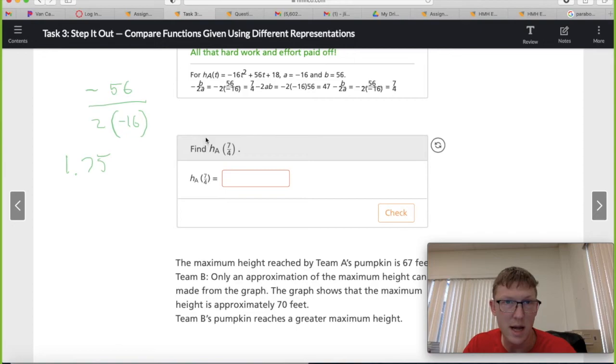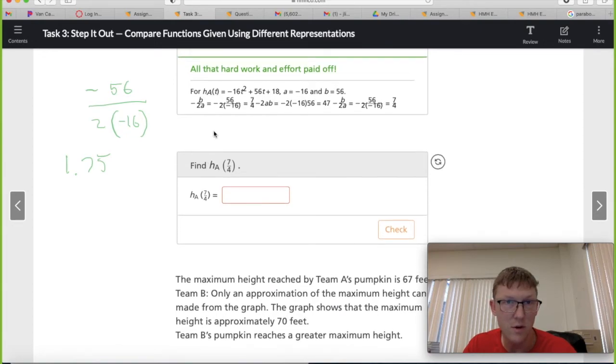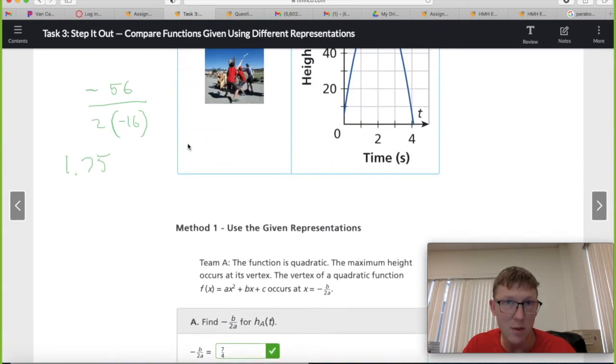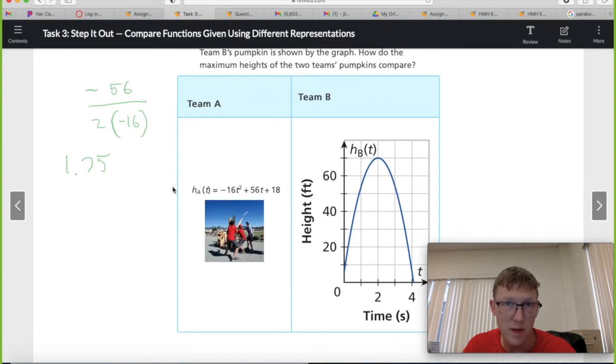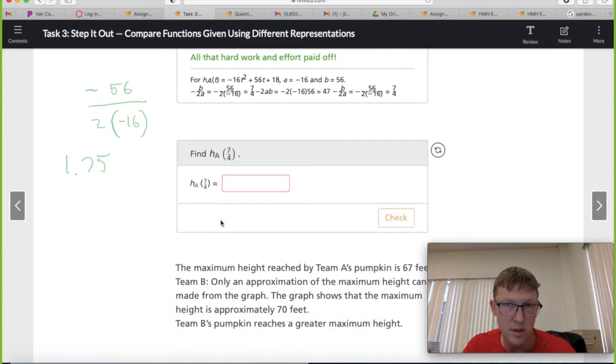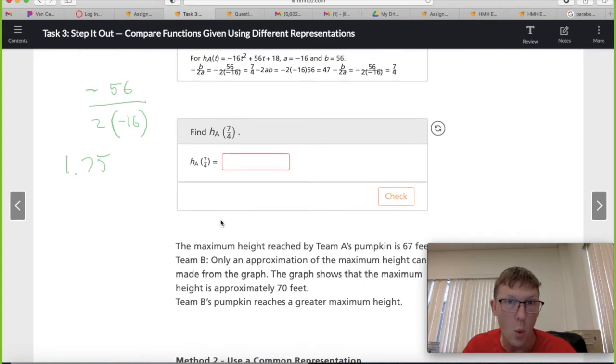So then find h A of 7 over 4. We're basically taking that and plugging it into this equation right here. Do they do the math for me? Nope.